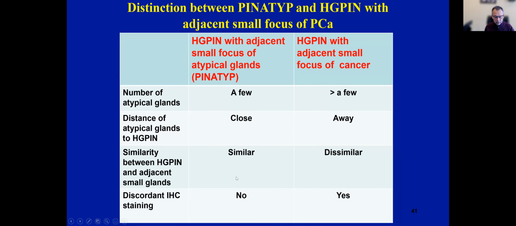So if you have all these four features confidently present, then you may be able to call small focus of cancer adjacent to high-grade PIN.